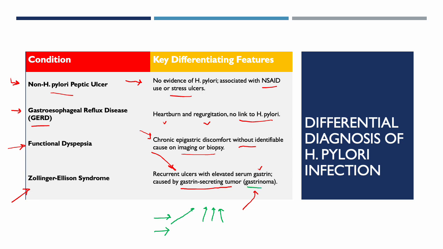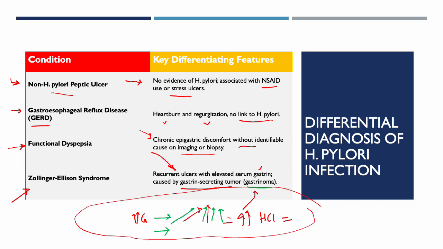So if we have a gastrinoma, we will have a gastrin-secreting tumor. As gastrin is oversecreted, we will have an overstimulation of our parietal cells, which will lead to elevated levels of hydrochloric acid. And this does what? It elevates the acidity in our stomach. But this is a different pathophysiology compared to H. pylori.